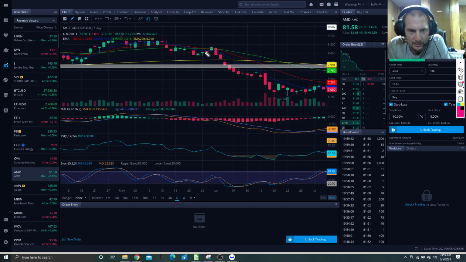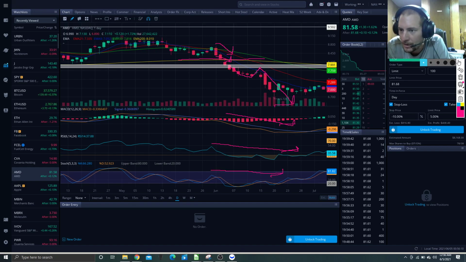Our EMAs, we notice, are all moving down as well. Price crosses below this major area, which is at 200. Then price crosses below this major price support. Retests, moves lower. MACD is bearish. RSI is bearish. Stochastic is bearish. That's a good breakout trade.